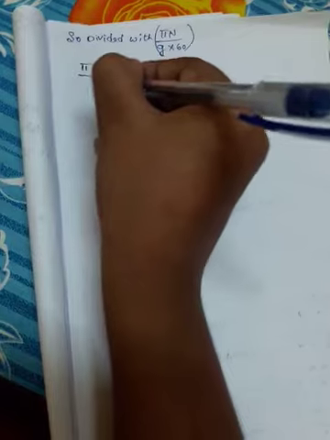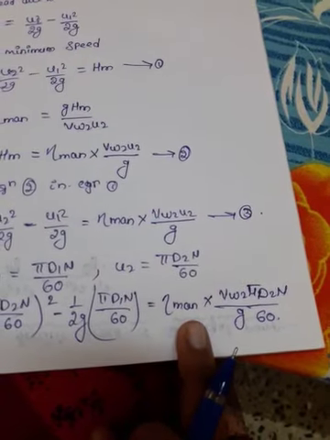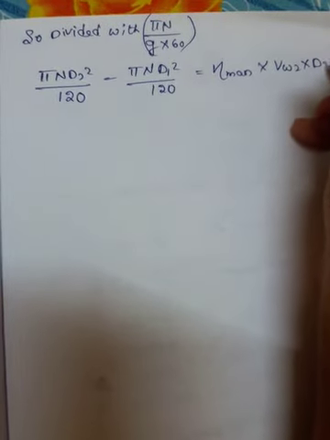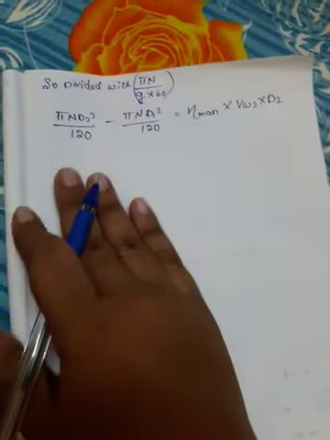Dividing with pi N g into 60, we get pi N d2 square by 120 minus pi N d1 square by 120 equals eta MAN into Vw2 into d2, where the 60 cancels.